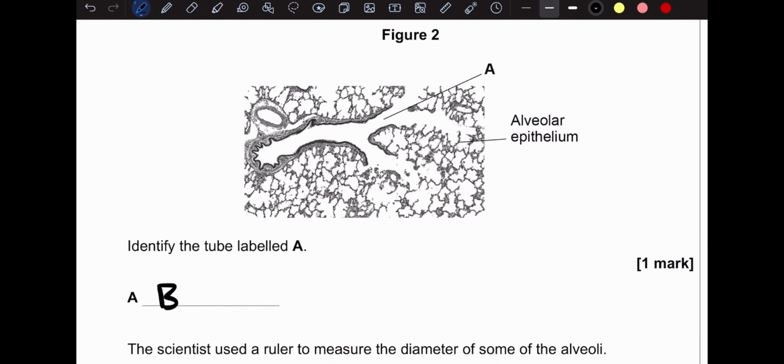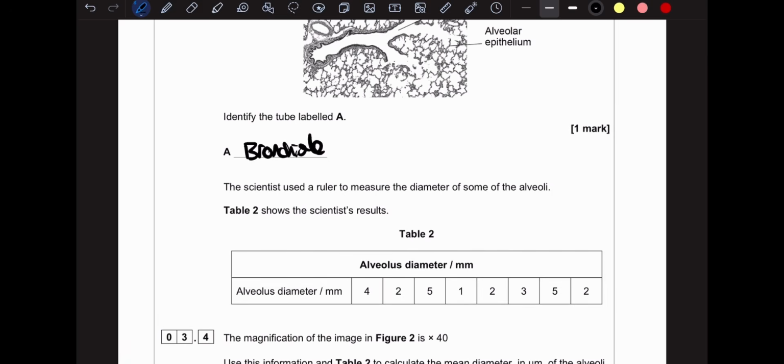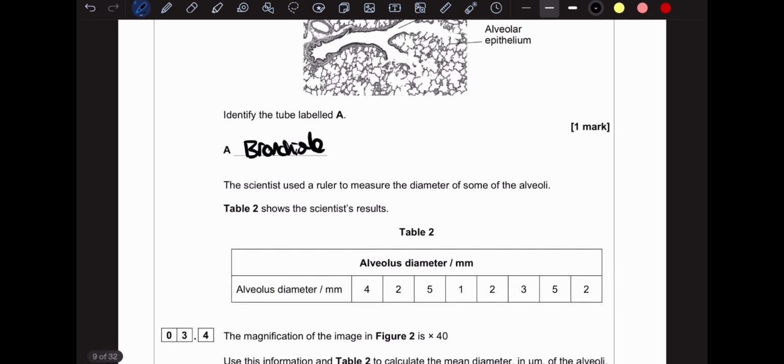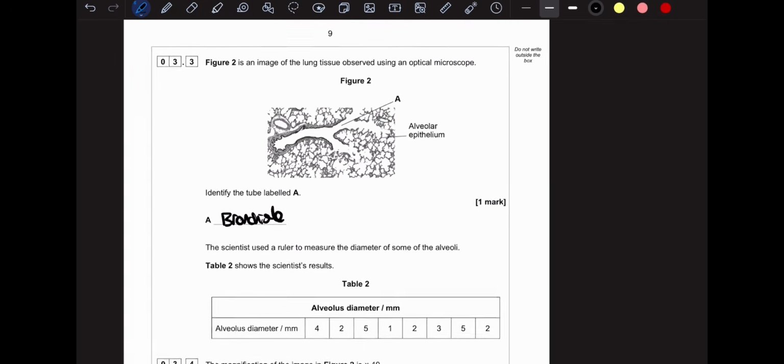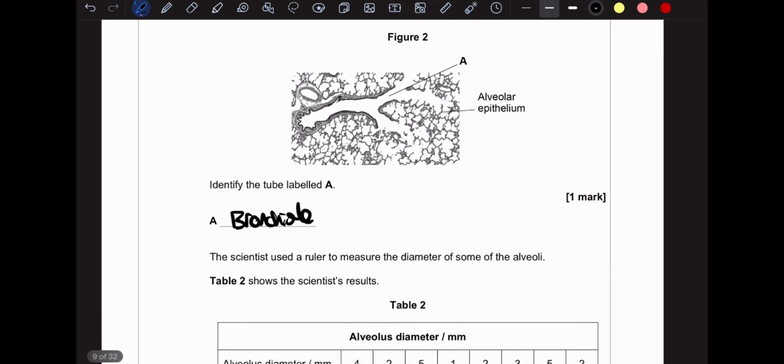We should know it's a bronchiole. Bronchioles, remember, are those dichotomous branches that come off the bronchi and increase the surface area of the lungs by a lot, along with the alveoli.